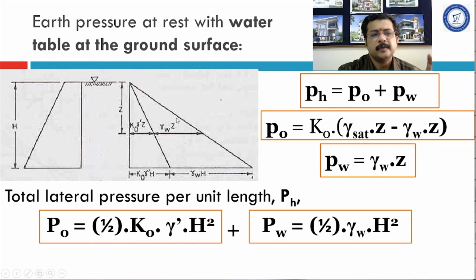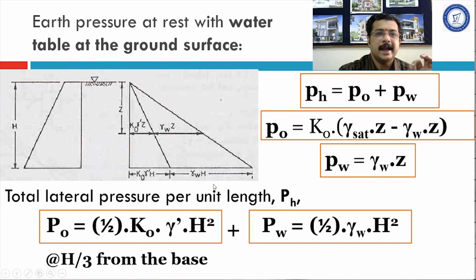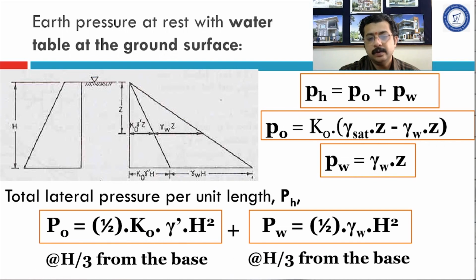Okay, where would these total pressures act now? There are two pressures, P0 and PW. These pressures would be acting at h/3 distance from the base of the pressure diagram. Similarly PW will also be exerted at h/3 distance from the base of the wall. That means these two arrows.